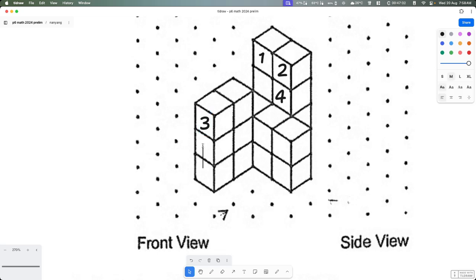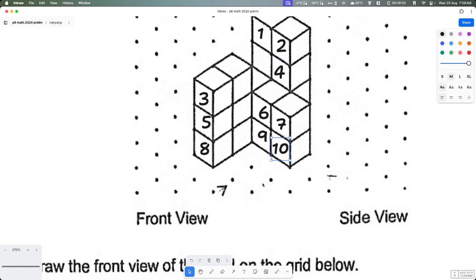And then we have 5, and then we have 6, and then we have 7, right? And then we have 8, and we have 9, and then for 10. 10 already. Okay, and that's basically it. So it's 1, 2, and then 3, 4, 5, 6, 7, 9, 10.